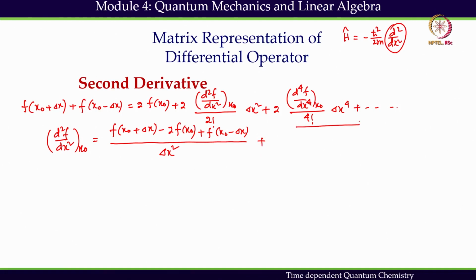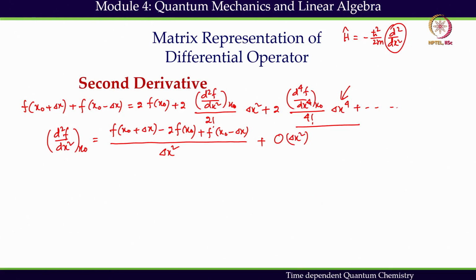Because it depends on delta x to the power 4, but I have to divide by delta x square, finally the error is going to be delta x square. That's going to be the error.